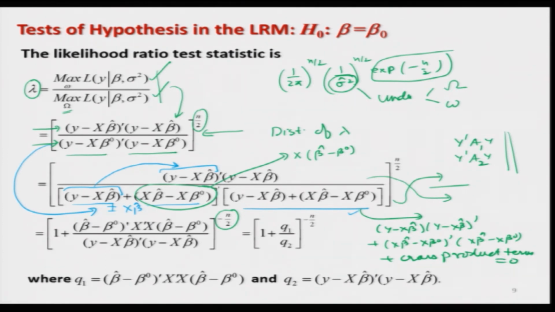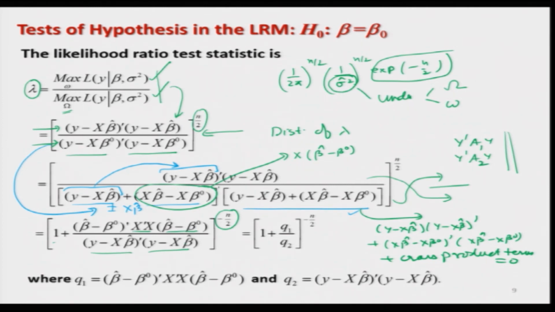And then if you try to invert it, you will get the quantity like 1 plus beta hat minus beta naught transpose x into beta hat minus beta naught divided by y minus x beta hat transpose y minus x beta hat, right.